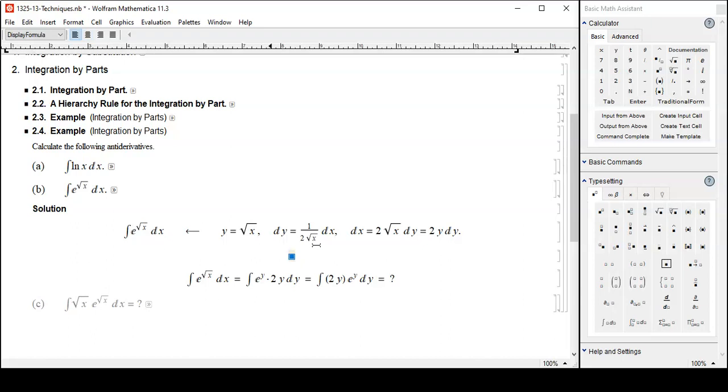So how do you do this? u is 2y, v prime is e to the y power, u prime is 2, v is e to the y power, staying the same. If I do that, then this becomes the integration by parts formula, u times v, 2y times e to the y power, minus integral of 2 times e to the y power dy.